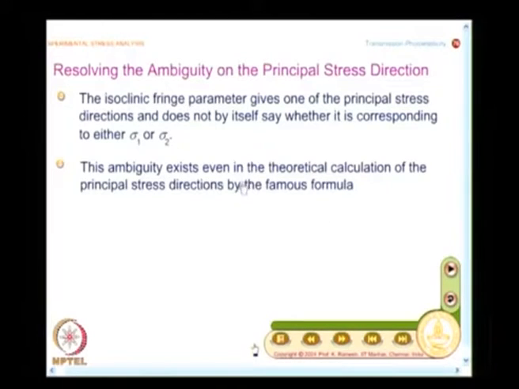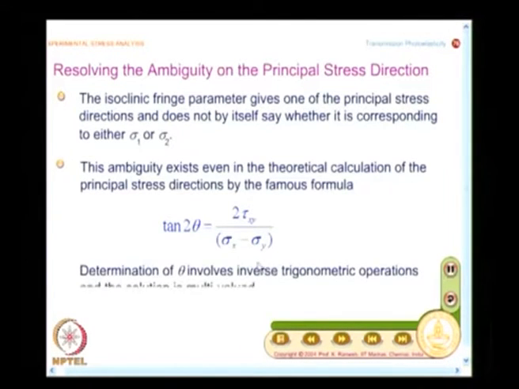I had mentioned a long time back that you need a calibration of the polariscope to do this. Is this a problem only in the experimental approach? No. We have also seen the ambiguity exists even in the theoretical calculation of the principal stress directions by the famous formula you all know, tan 2 theta equal to 2 tau xy divided by sigma x minus sigma y.